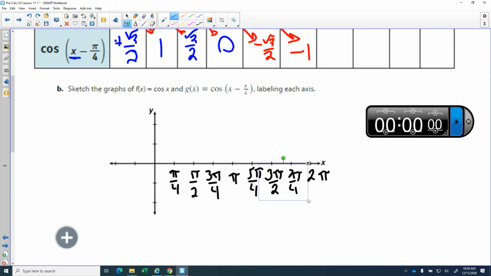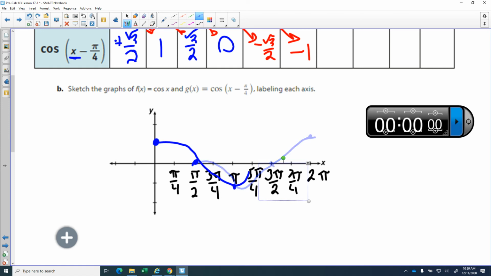Now, an original cosine graph would look similar to what we have here. It would start at a value of 1. At pi over 2, it would reach 0. At pi, it'd be at negative 1. So it looks similar to this.